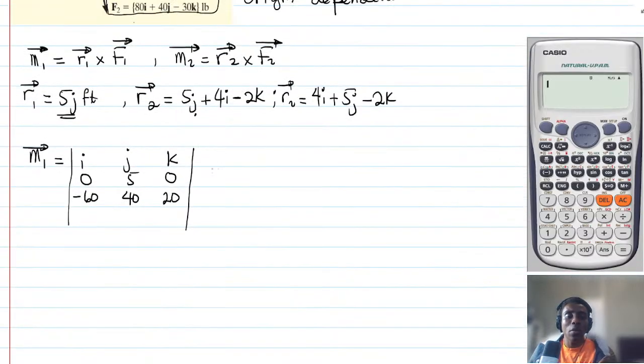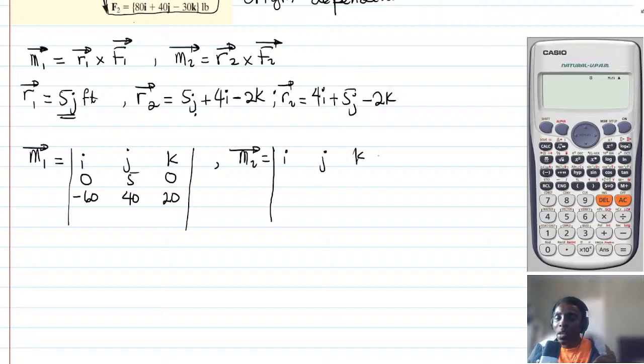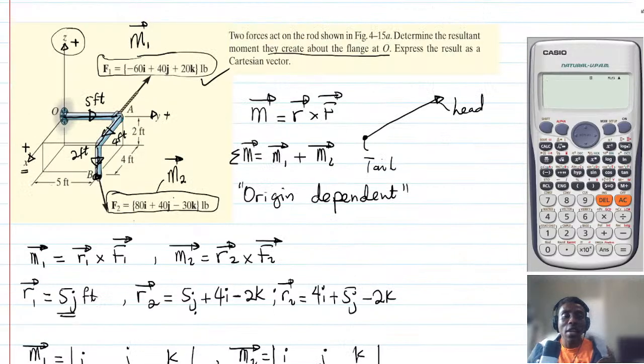And then vector M2 will be the same thing. We have i, j, k. Now R2 is 4 along the i, 5 along the j, minus 2 along the k, and then the force is 80, 40, minus 30.